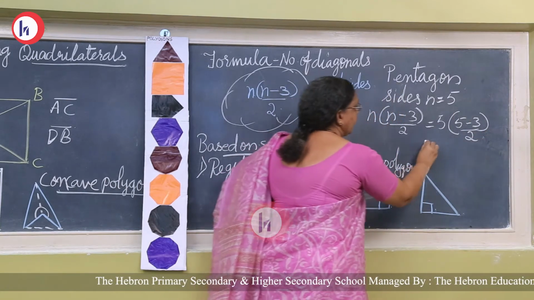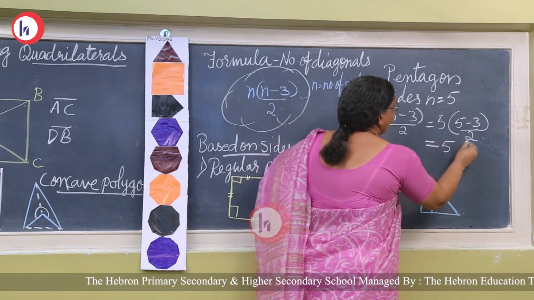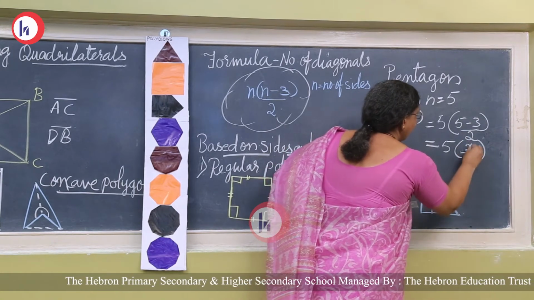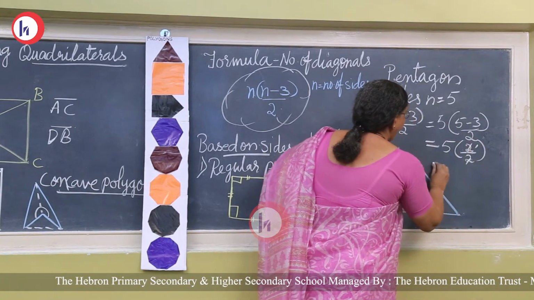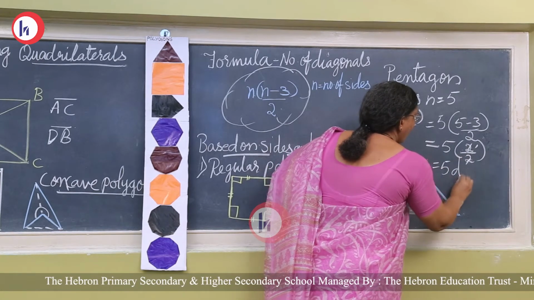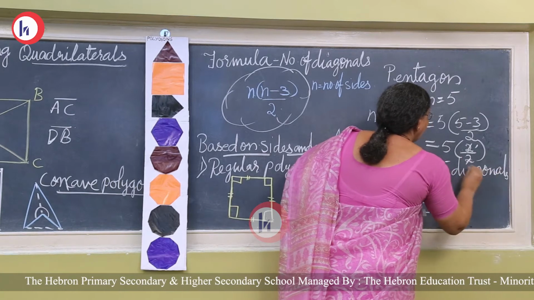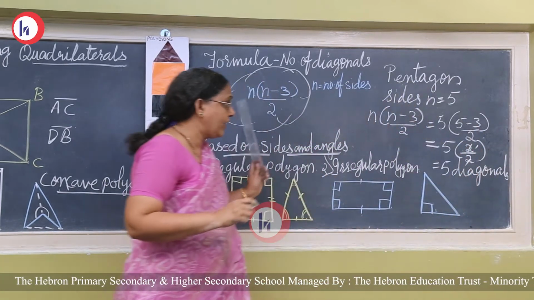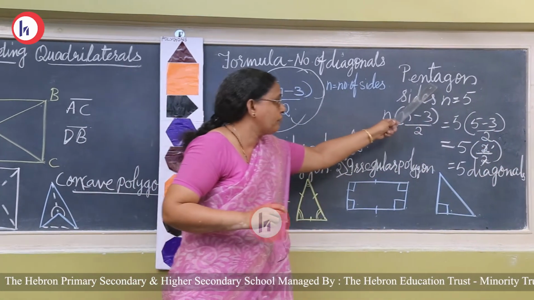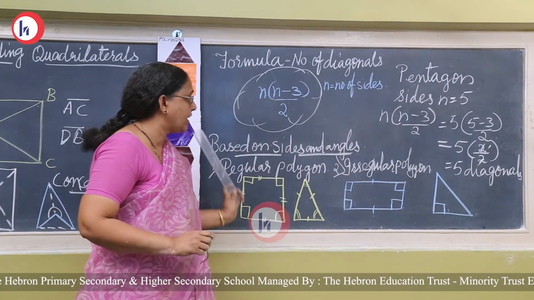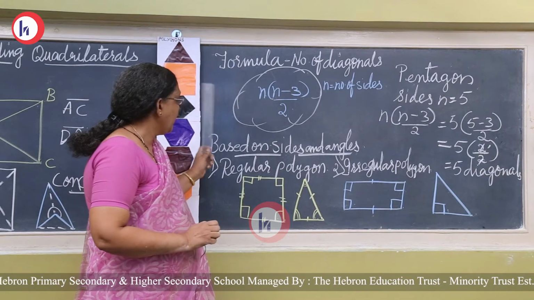Then 5 into 2 upon 2, that is 1. So 5 into 1 is 5. Five diagonals can be there in a polygon named pentagon. So you can easily use the formula and find the number of diagonals in a polygon.